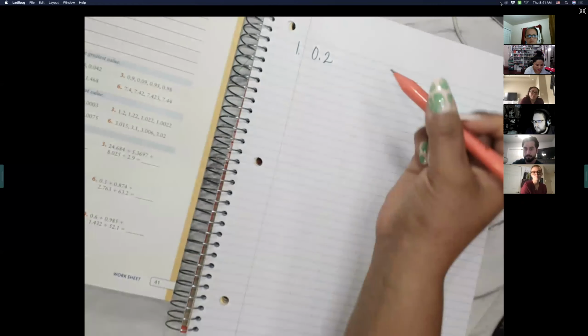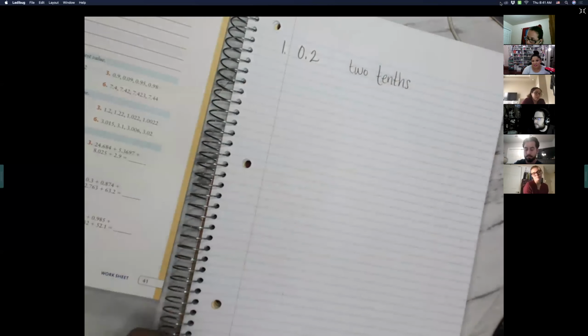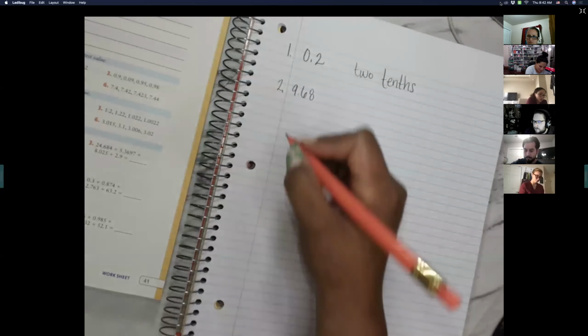It's 2, and the position of this decimal place is tenths. Number 2 is that number.